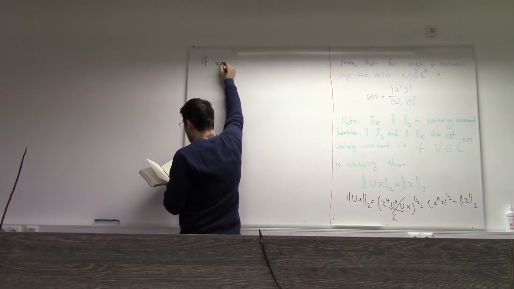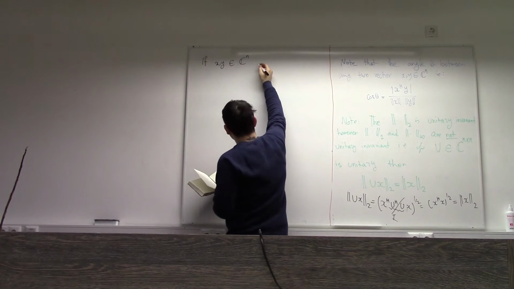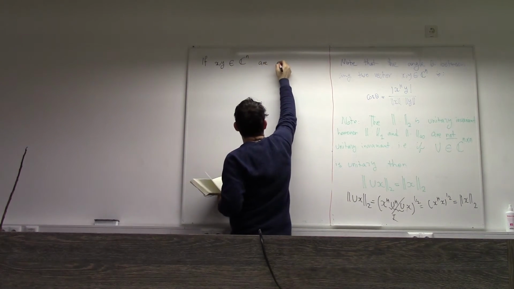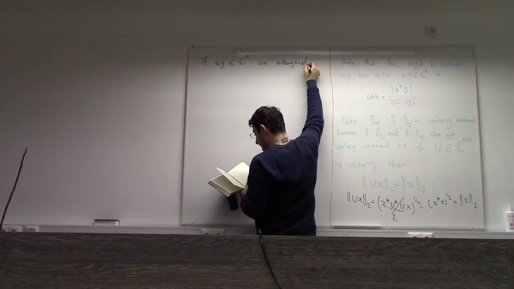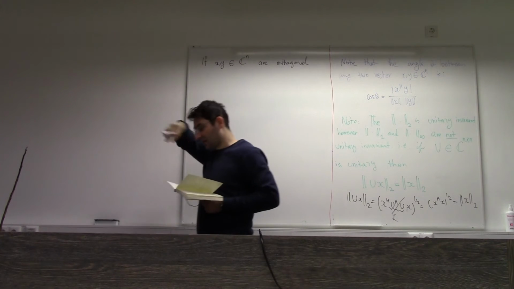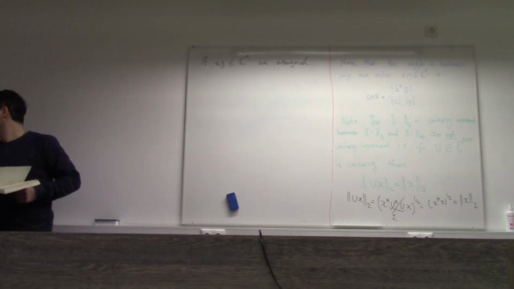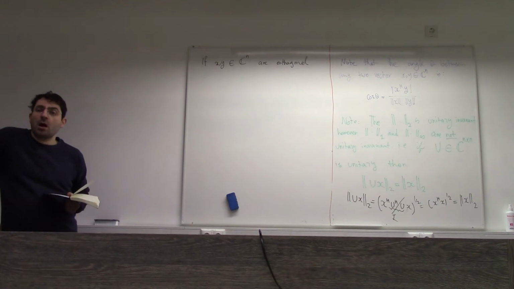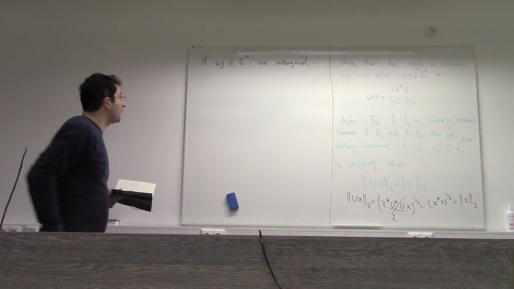If x and y belonging to Cn are orthogonal. What does it mean? x and y are orthogonal? The inner product is 0. Very good.